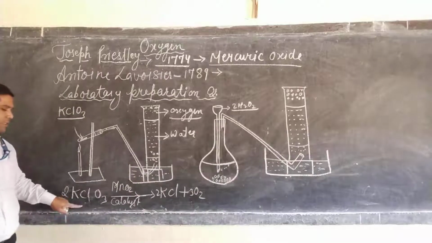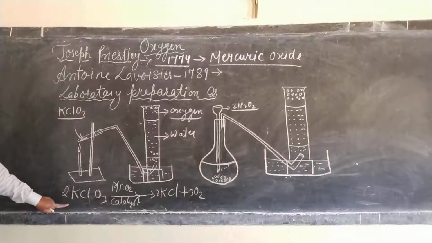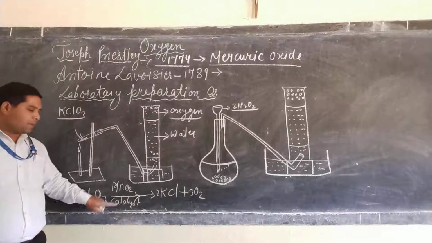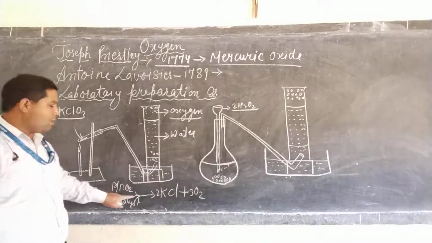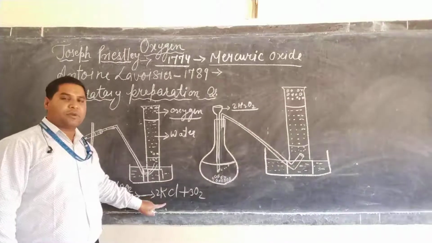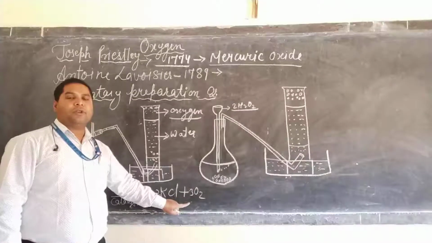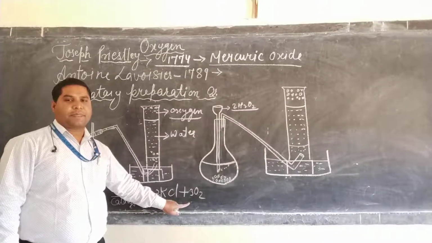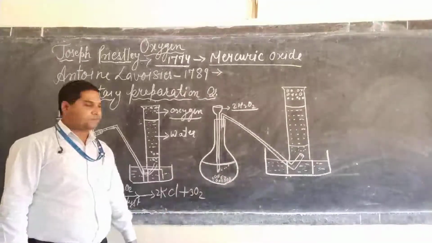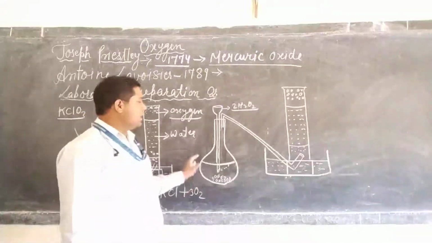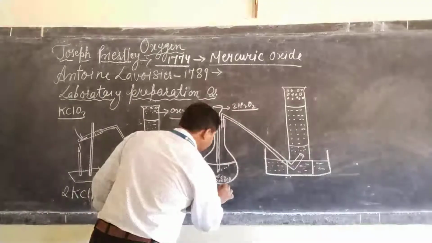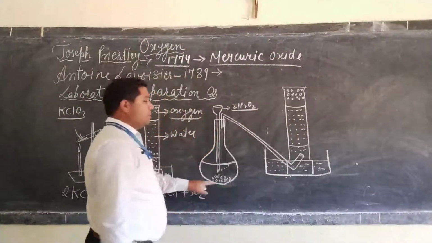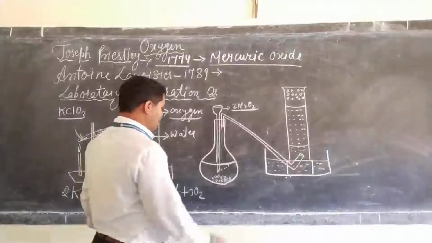So, dear students, in the first method, potassium chlorate is heated in the presence of the catalyst manganese dioxide, and it decomposes into potassium chloride and produces oxygen. In the second method, a round bottom flask arrangement is taken, containing the compound manganese dioxide.